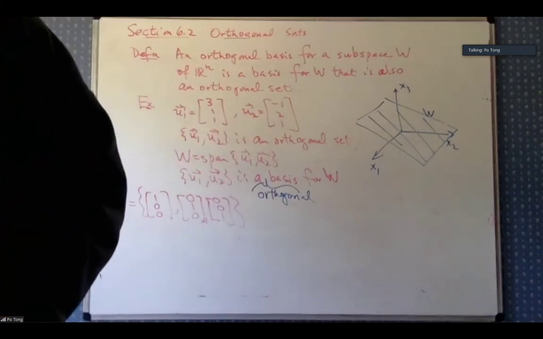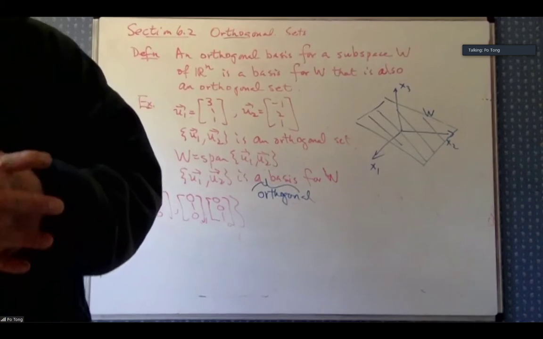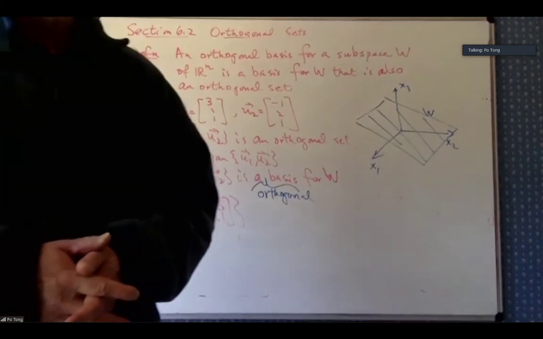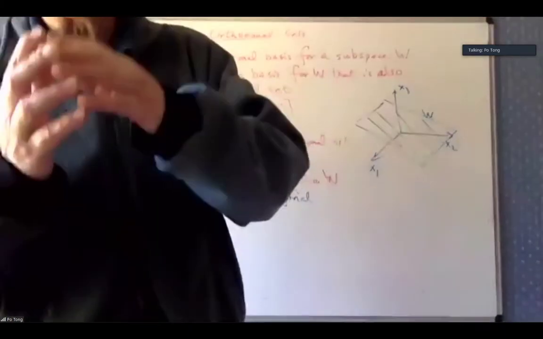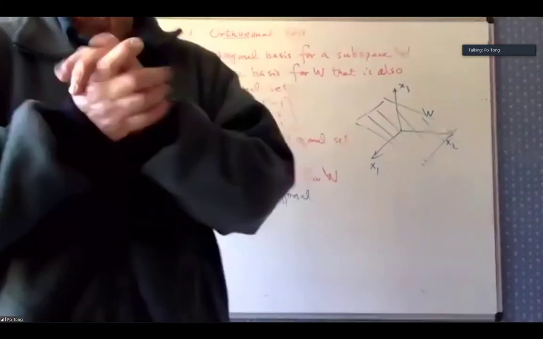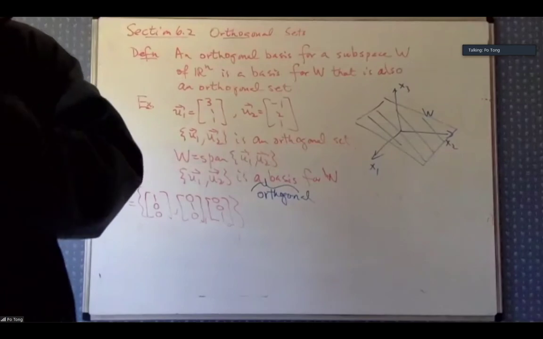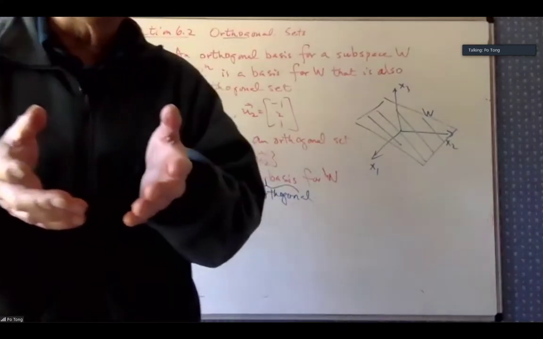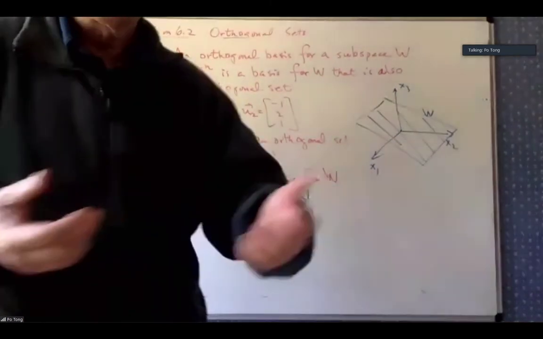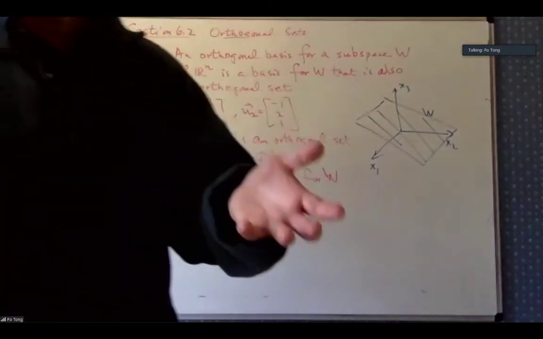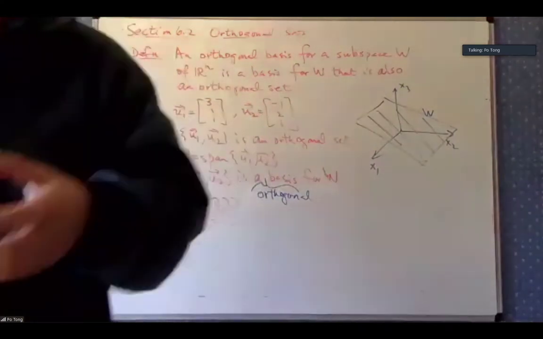Okay? So there are a lot of times when you try to solve a problem, you want to look at it in terms of some other basis. Okay? And if that new basis is orthogonal, then it preserves a lot of good properties, which I'm going to show. Okay. The properties are like preserving angle, so the angles are going to be preserved.